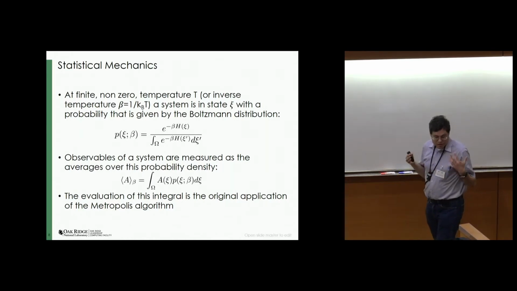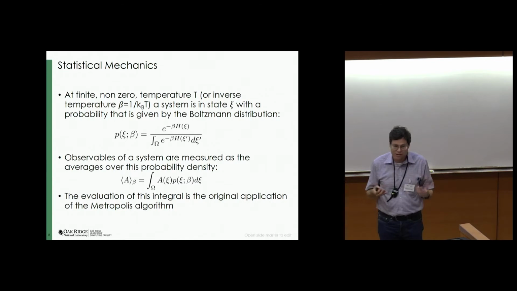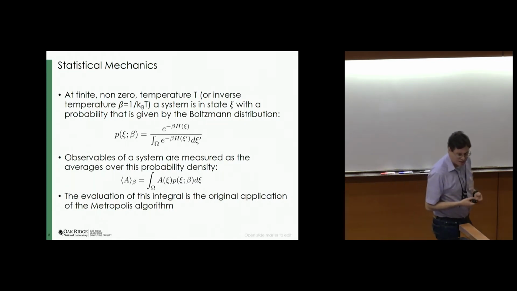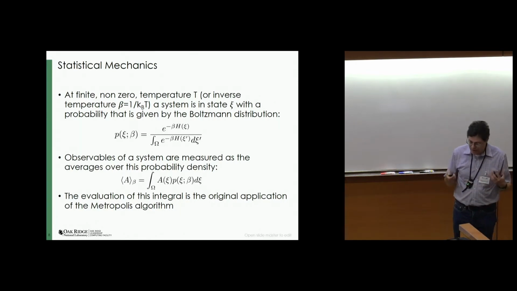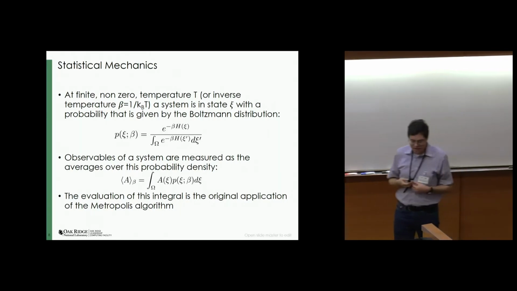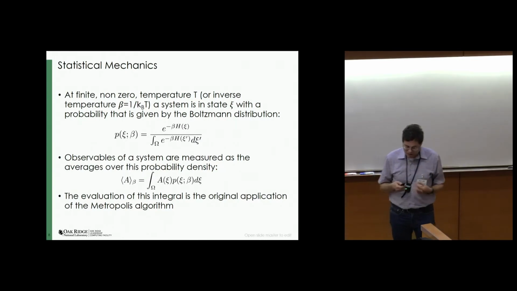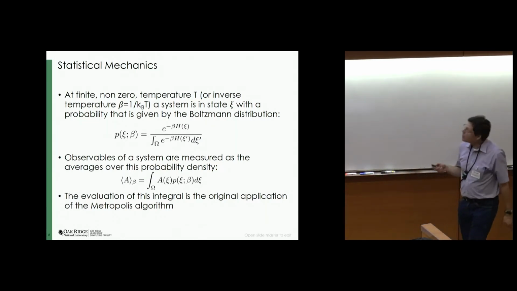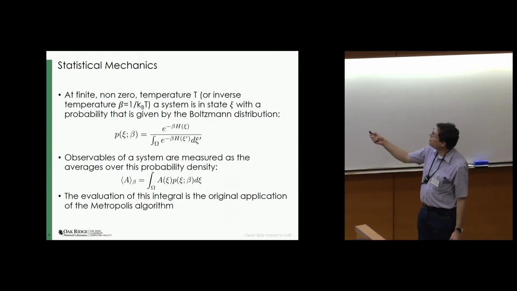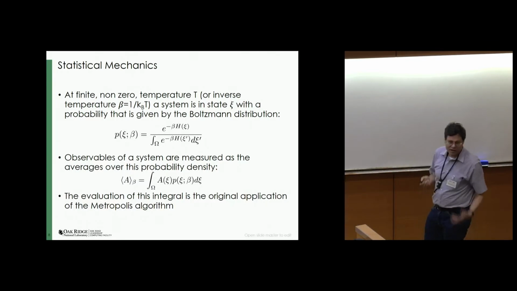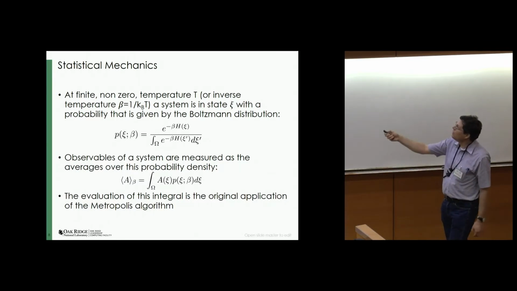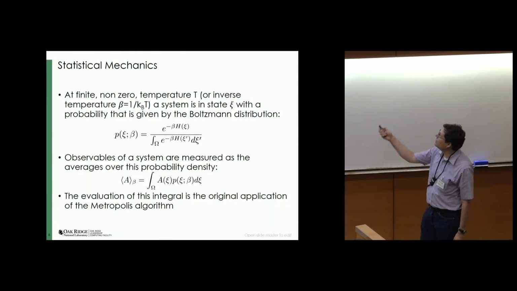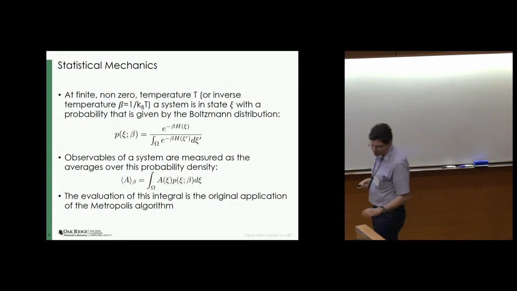And then if you want to measure anything, any observable, magnetic moment, specific heat, polarization, internal energy, these are all averages of this instantaneous value over the phase space with the probability density that is given by this Boltzmann distribution.